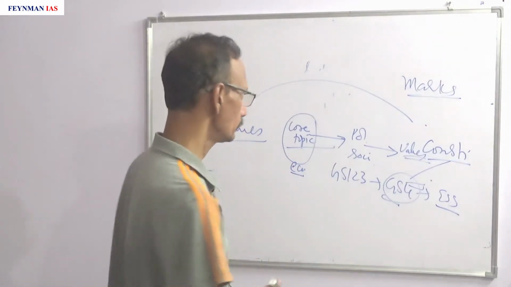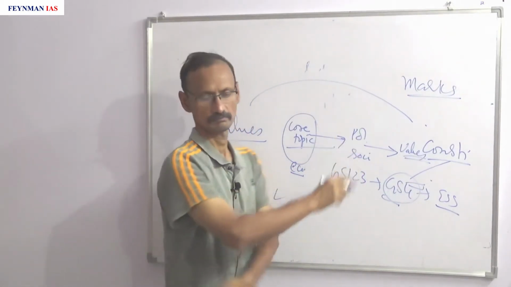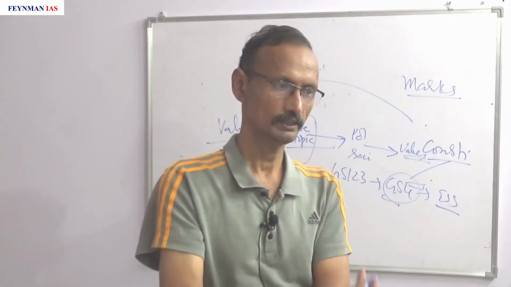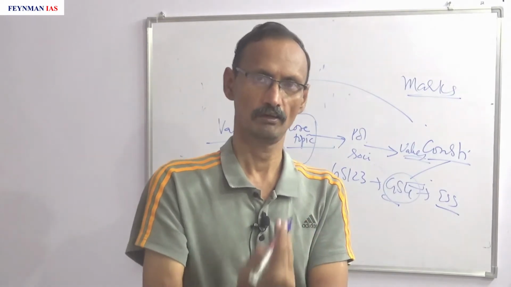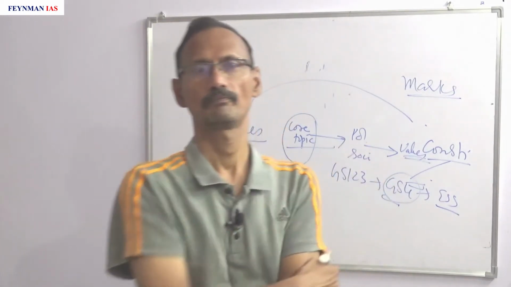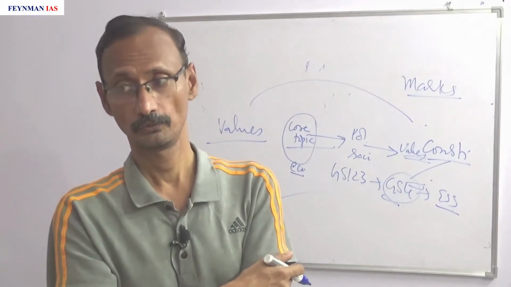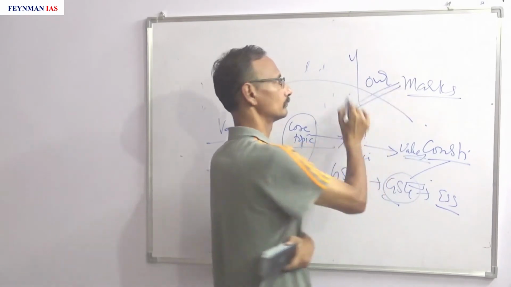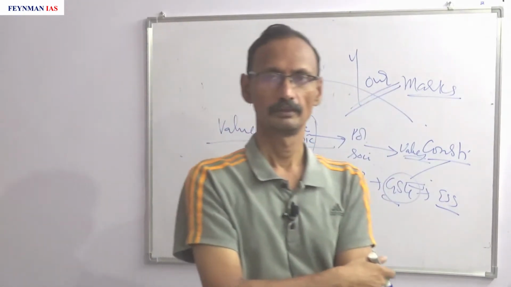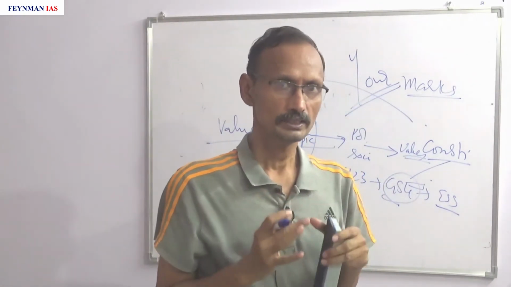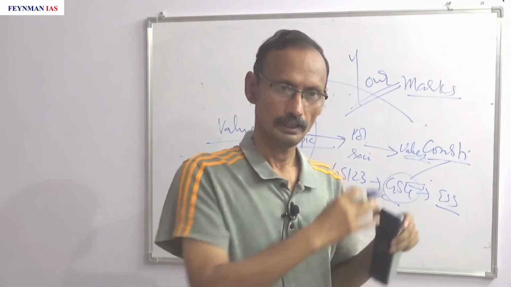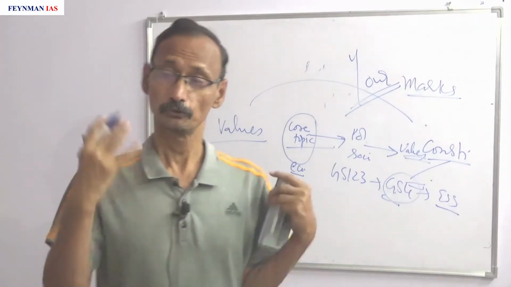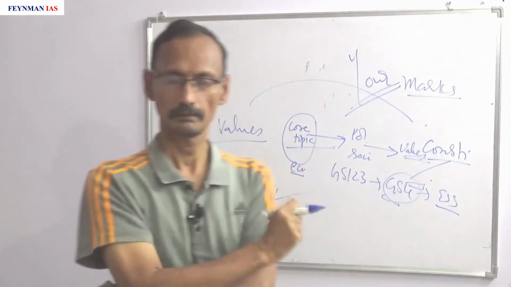In GS 1, 2, 3, these are provisions of land acquisition. But in essay, it is about how constitutional values are supposed to be realized or not realized through this particular law. And why is it so? What is your take on it? Your take on it. So it means you take GS core and stretch to political, economic, social, and finally to yourself. That makes a good essay.